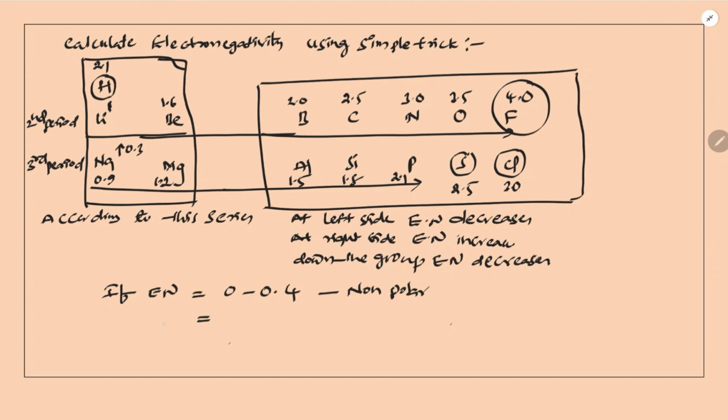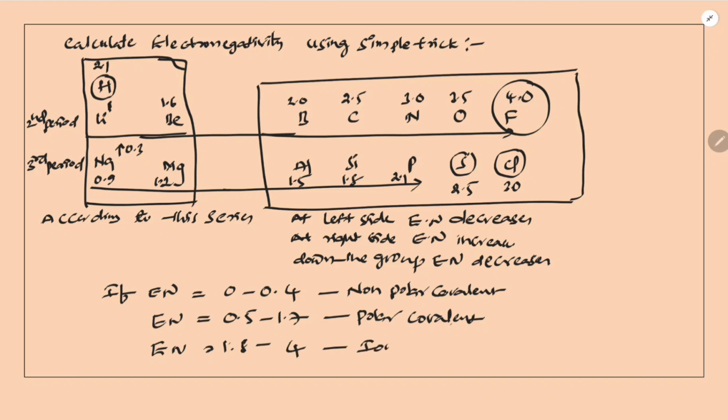If the electronegativity difference is between 0.5 to 1.7, it is polar covalent. If the electronegativity difference is 1.8 to 4, it is an ionic bond. It is very important to calculate whether the molecule is non-polar, polar or ionic. By using this trick, we can easily find out.